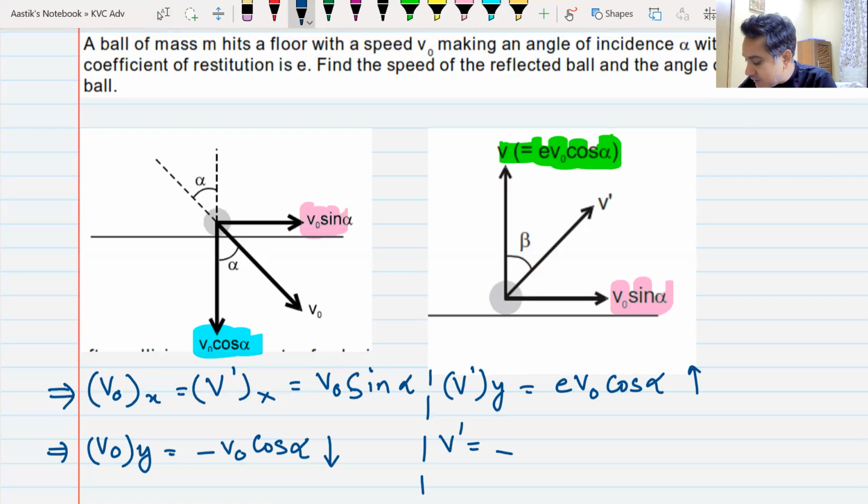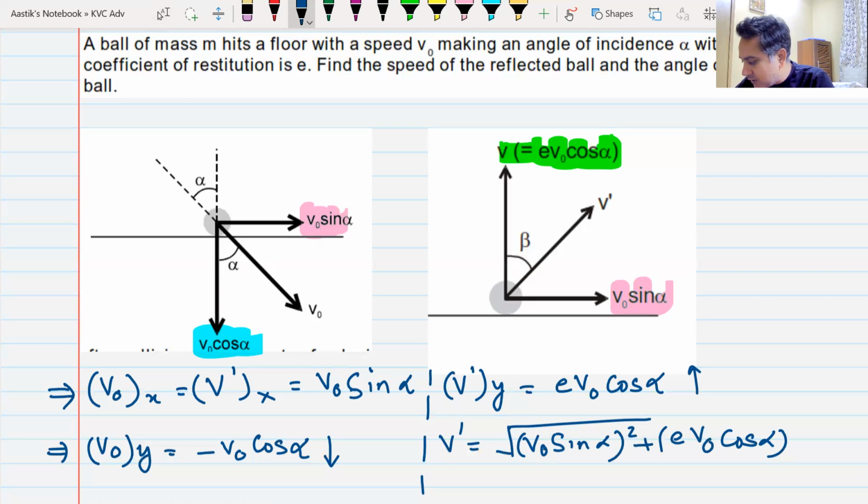The magnitude of v dash can be written as the square root of (v naught sin alpha) squared plus (E times v naught cos alpha) squared. We can also find the angle, tan beta, with the vertical.